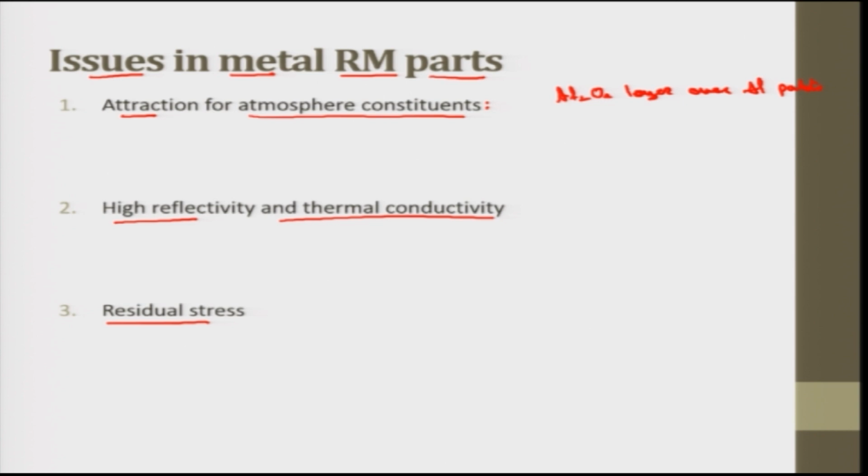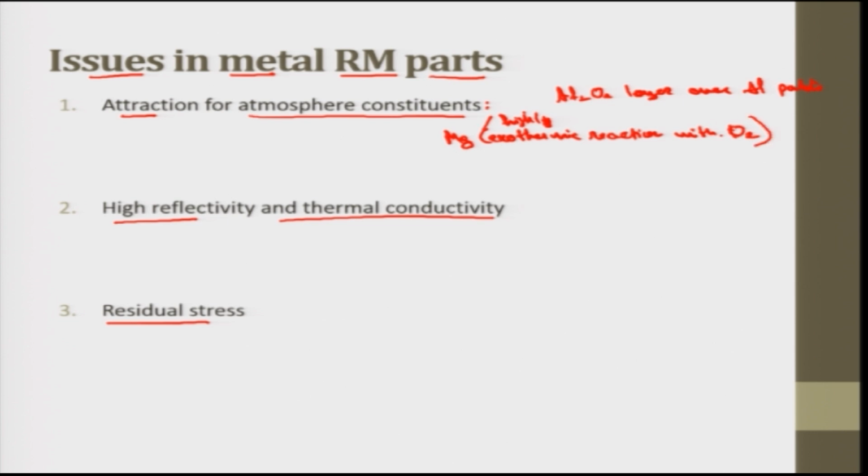For instance, oxidation is happening here. So in the case of materials for which reaction with oxygen is very exothermic, for example magnesium, highly exothermic reaction with oxygen, what happens in these cases?